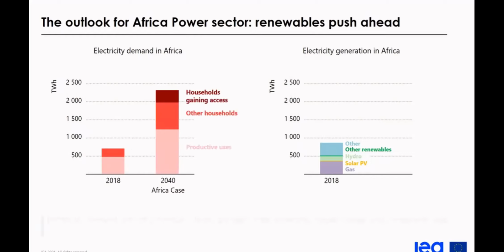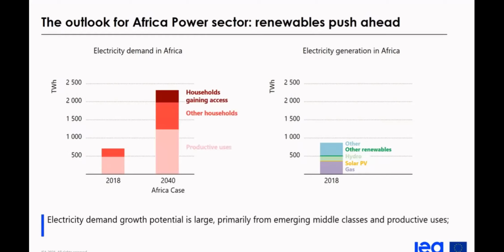Based on our modeling, which comes from the demand sector, so how the demand will evolve in the building sector, in the industry sector, in the transport sector, we will have an estimation of the future need for electricity. And here you can see that there is an important increase of electricity for productive uses, for households which are already connected to electricity today and that will have more appliances or more electricity needs.